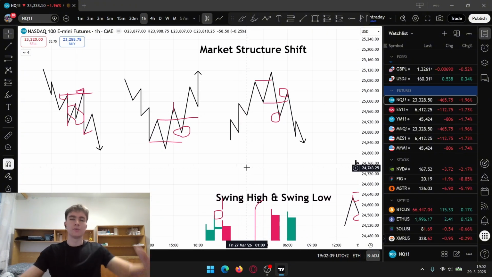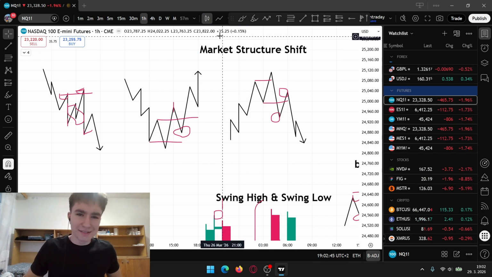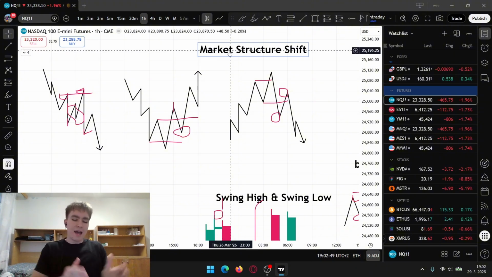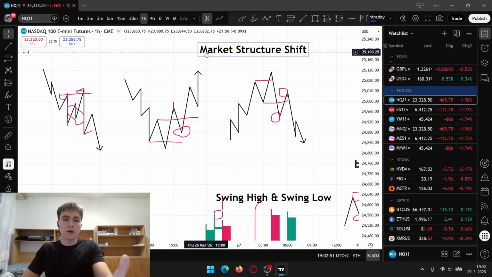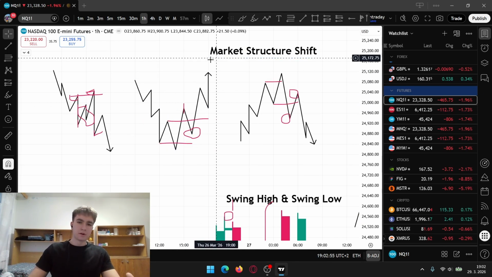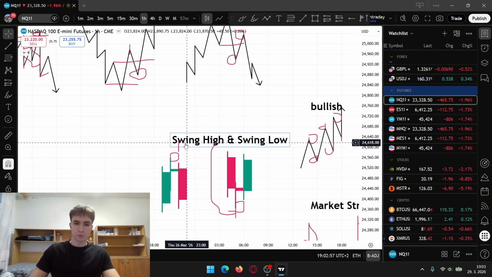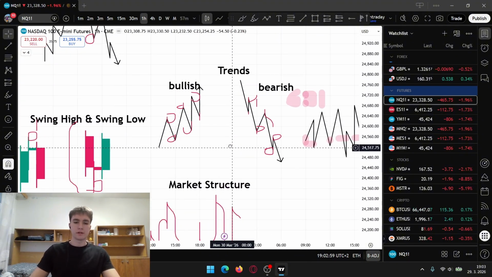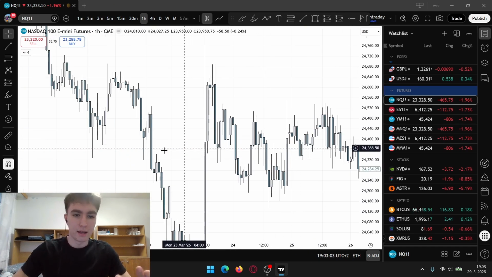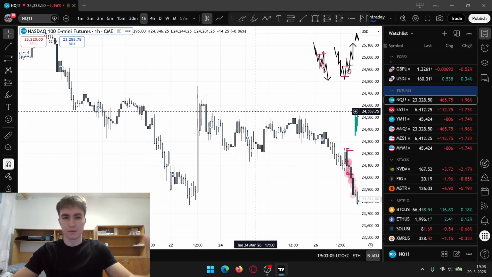Just as in primary school you learned letters, this is A, this is R, this is K, and you read it: oh, it's market. Same for this. You learn market structure shift, swing high and swing low, trends. You learn all this stuff, and then you need to sit down and read the price action. That's all. See you in the next one. Peace.